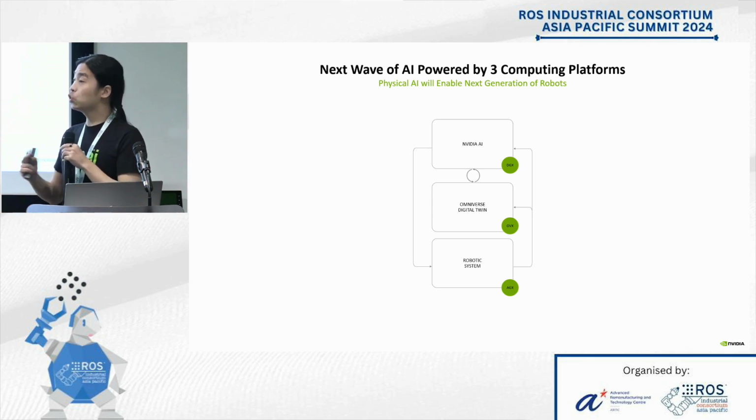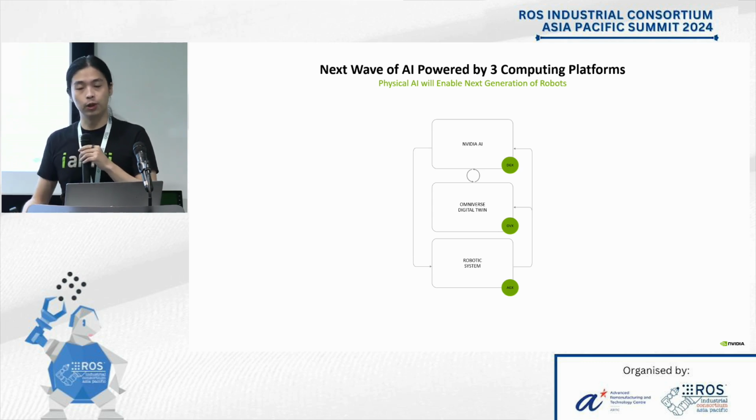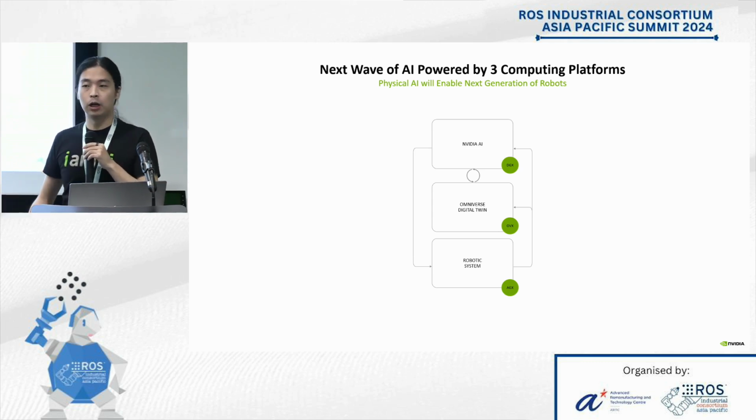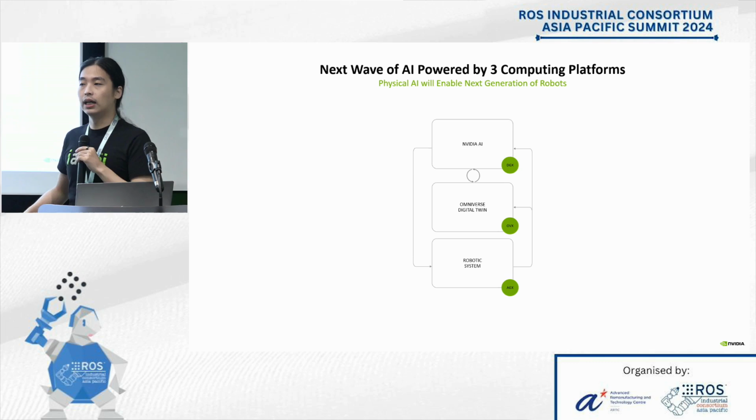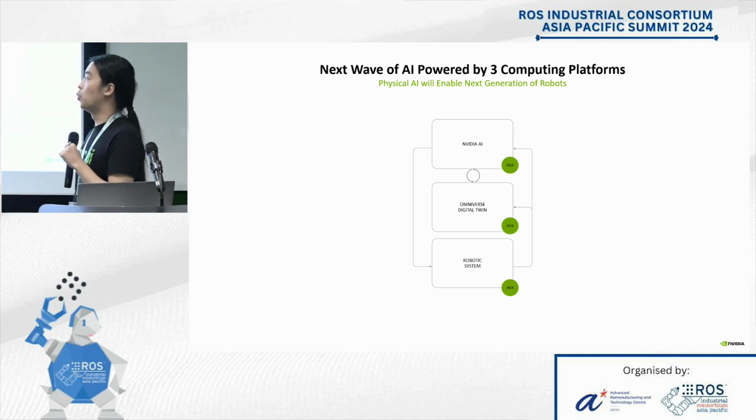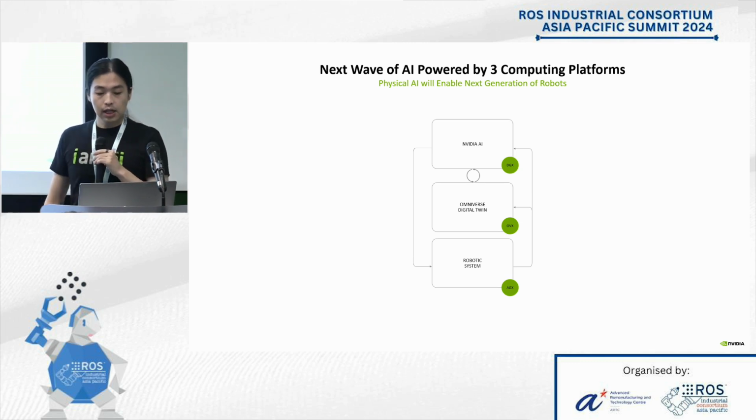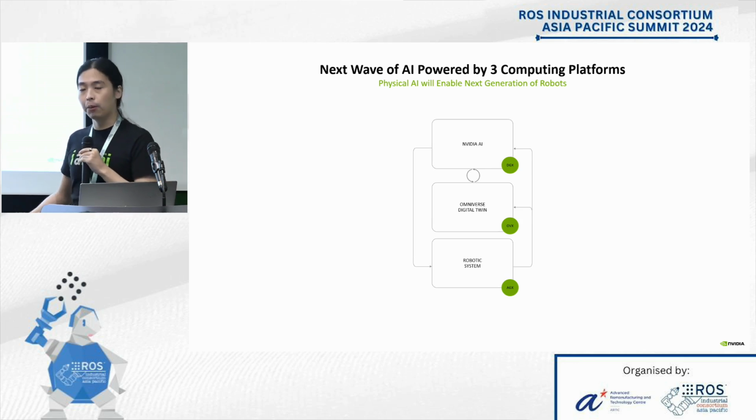And we have the digital twin platform. Previously we all heard from earlier speakers about designing a digital twin and how it can help cut costs and accelerate your deployment. So we have Omniverse to do that. And we have a whole robotics stack like Isaac and Isaac ROS to help you integrate your AI solutions into your existing framework.